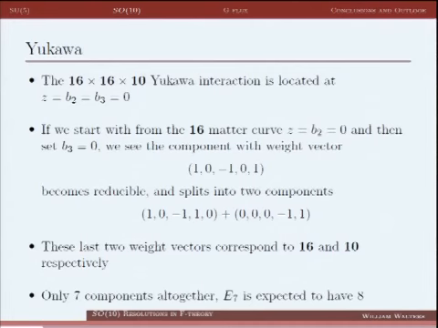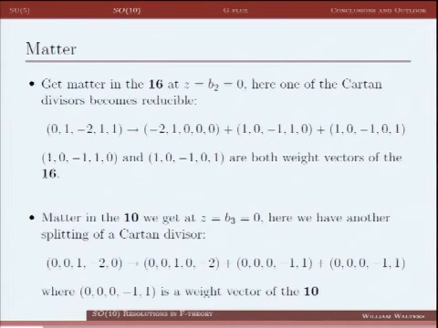Now, how does this relate to what you had in the SU5? Well, let's go back a little bit. If you look at where we had the 16, one of your Cartan divisors splits, you get another Cartan divisor and 2 new states. So altogether you've got 1 extra component, and E6 has an extra component over SO10, so that's what we expect.